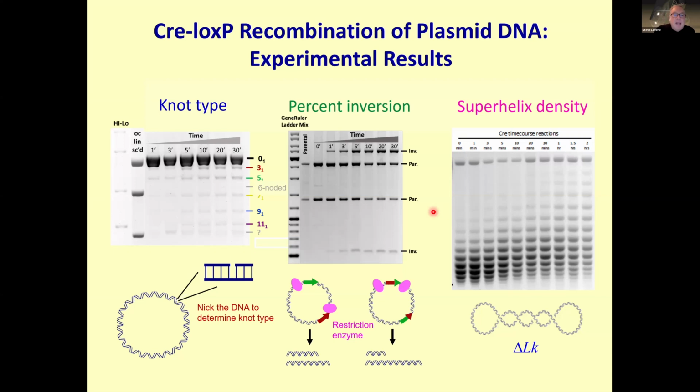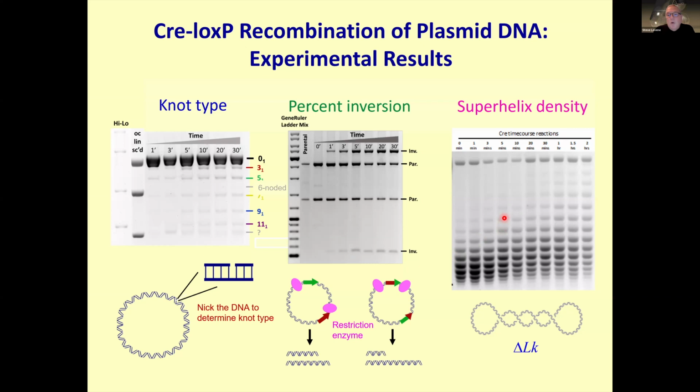So they all contain a single-stranded break, which relaxes any excess supercoiling. And that's where the information about supercoiling is lost. But we recover that by separately analyzing changes in the linking number.